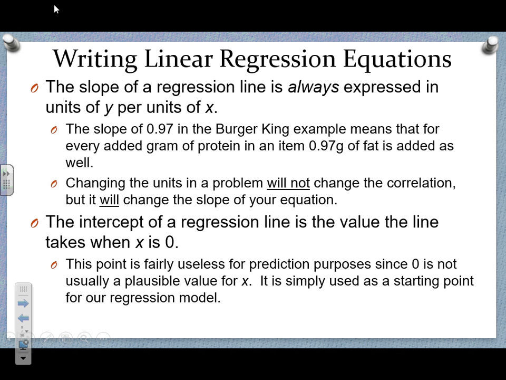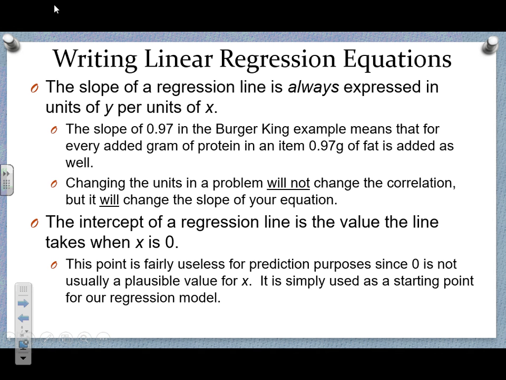So when you're looking at the y-intercept, if you have to describe it, you're basically saying when x is 0, this is our value for y. This would be the predicted value. But as far as prediction purposes go, it's going to be pretty useless to us. It's really just a starting point for our graph. So it's a starting point for the line to go through as it's created.